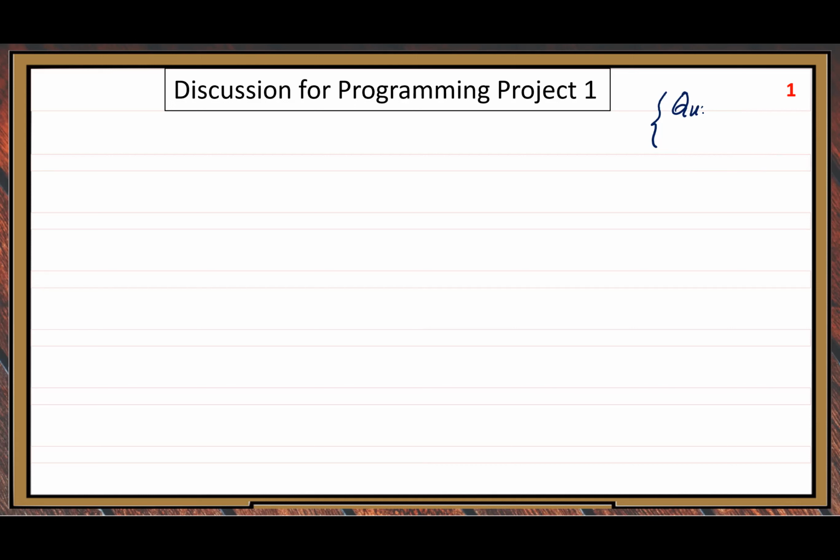Quiz 1 for module 1 and project 1. But quiz 1 should be at the end of module 1. After today's class, we have a very important topic, part D of module 1.